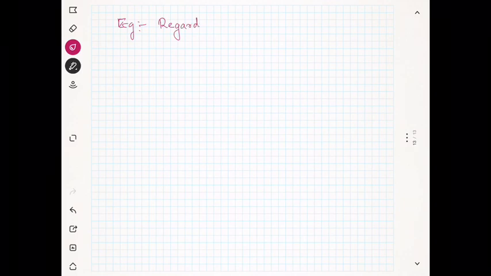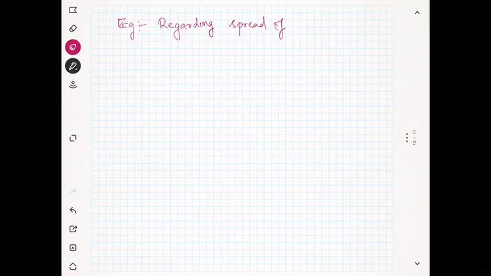So we can give one example regarding the spread of coronavirus.